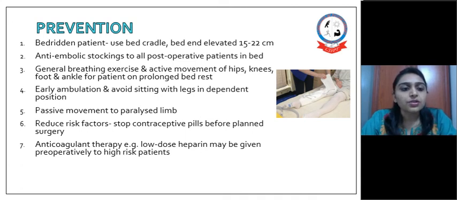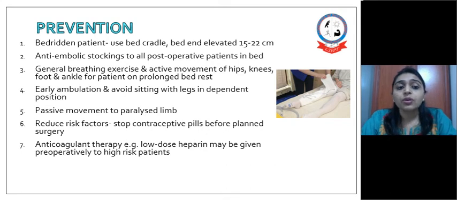Number 3. General breathing exercises and active movement of the hip, knee, foot and ankle for prolonged bed rest patients. We need to ask or teach the patient general breathing exercises and active movement of all the joints possible when a patient is bedridden.